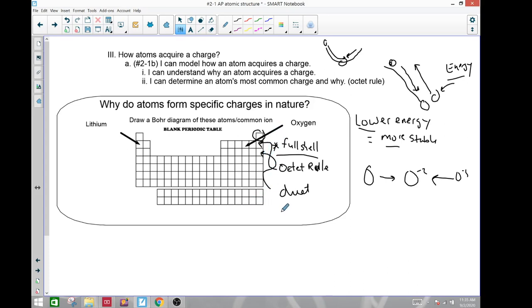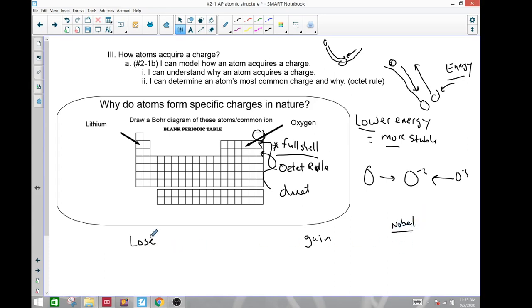So either way, how does this work? Atoms are always trying to get a full shell. So we're either going to lose electrons to get a full shell, or we're going to gain electrons to get a full shell. Either way, the noble gases, or the inert gases, already have a full shell.